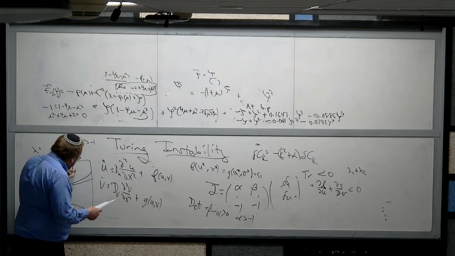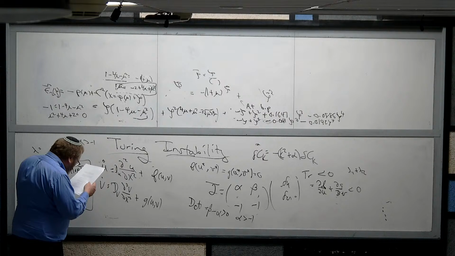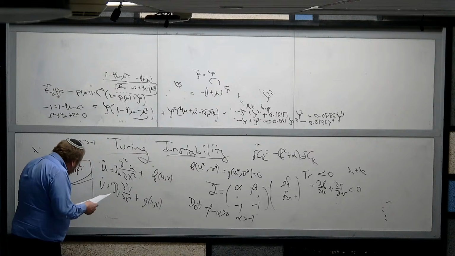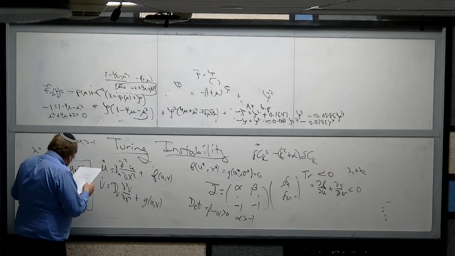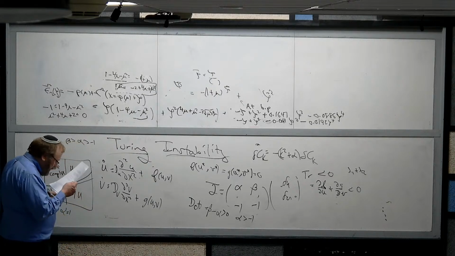Here, this is Hopf in that regime, and this is one stable in this whole regime here. This is alpha equals 1. This is one stable, one unstable here. This is stable, complex. This is two stable, real. And this is two unstable.